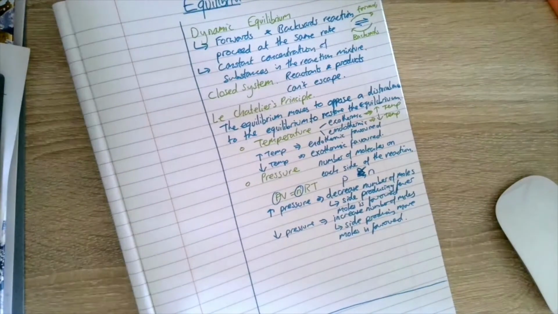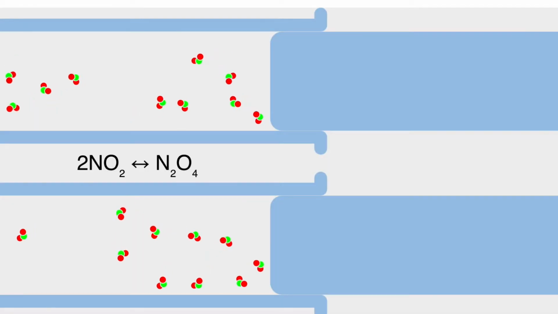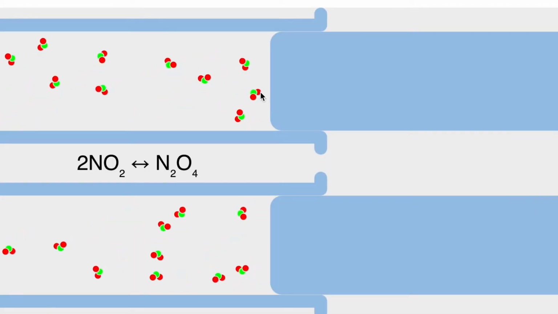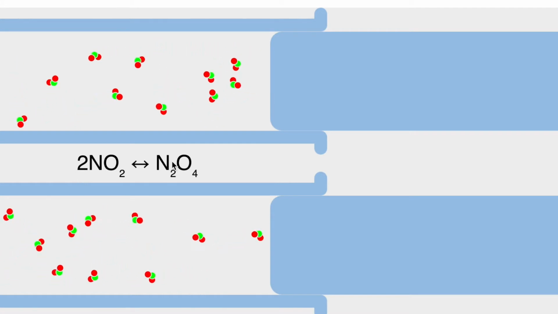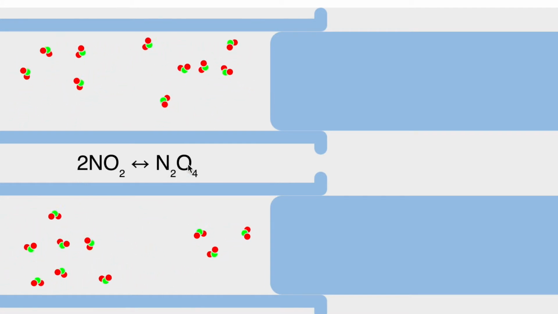A useful simulation, which I'm just going to quickly insert here, links nicely to the pressure aspect of Le Chatelier's principle. So we've got two gas syringes here, both with the same reaction mixture, 2NO2 going to N2O4.